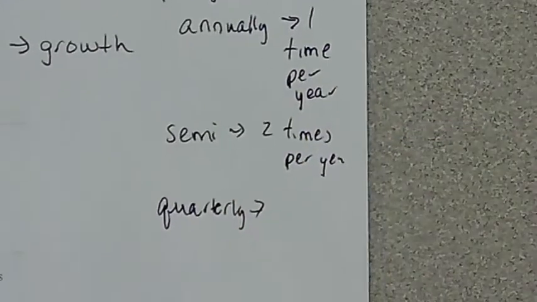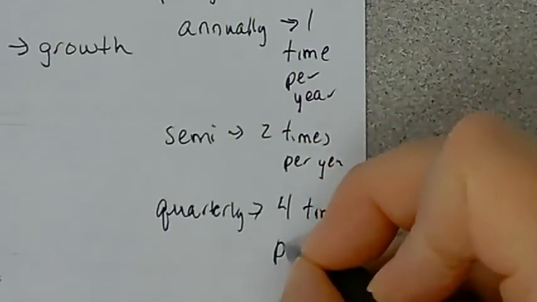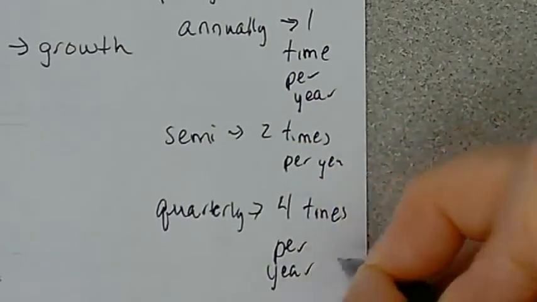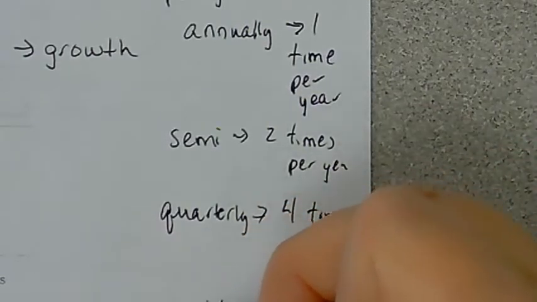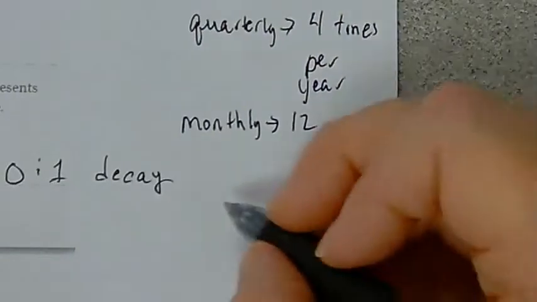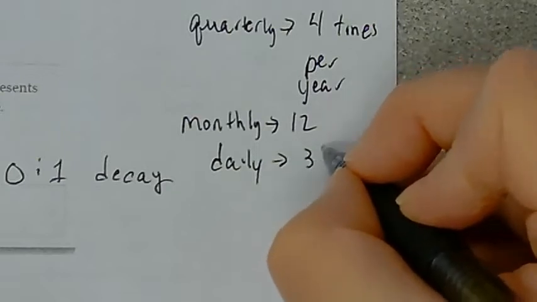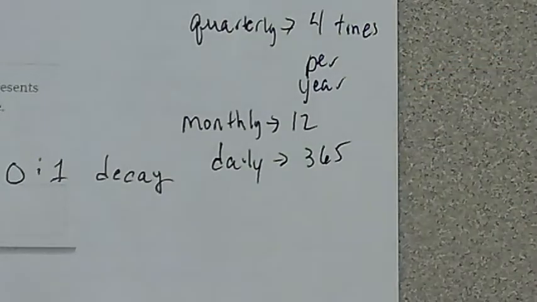If you think about how many quarters in a dollar, that would mean it would be 4 times per year. If something happened monthly, we would say it happens 12 times per year. And if it happened daily, it would be 365 times per year. So that would all make sense when we get to the back here.